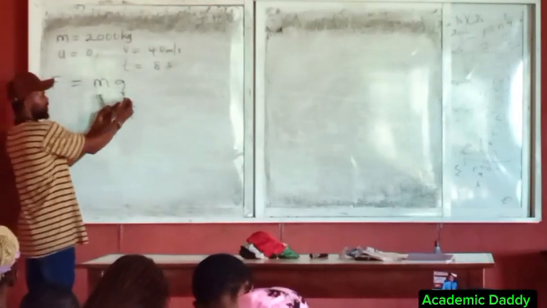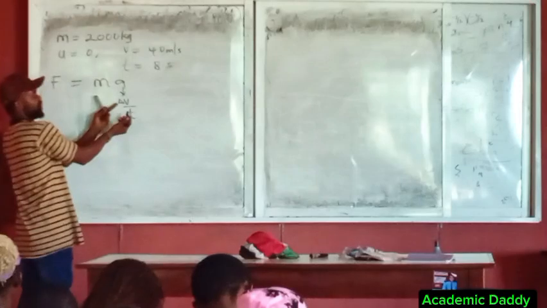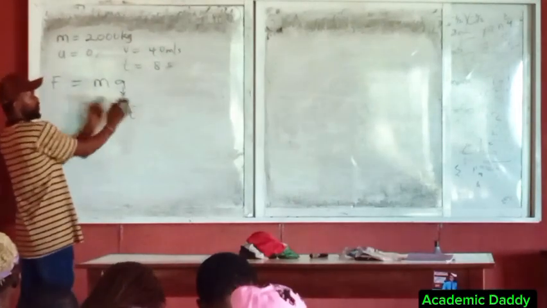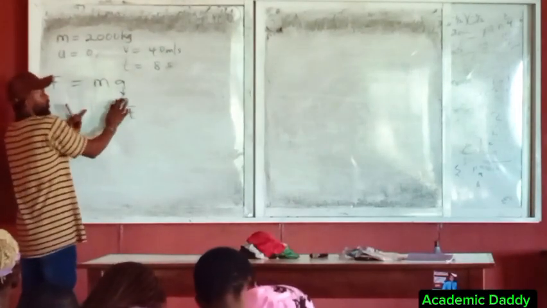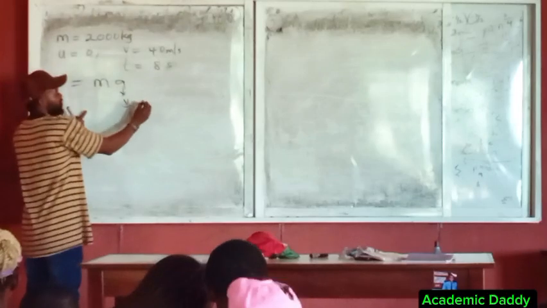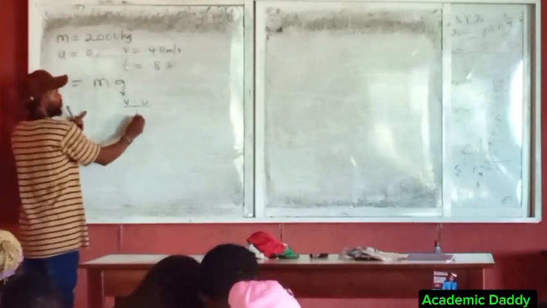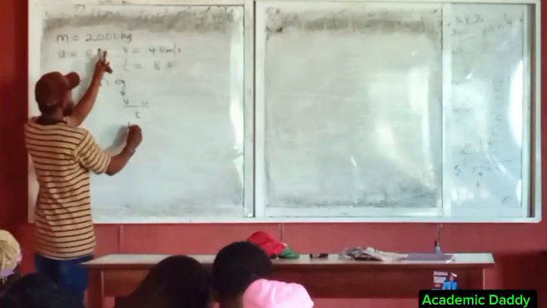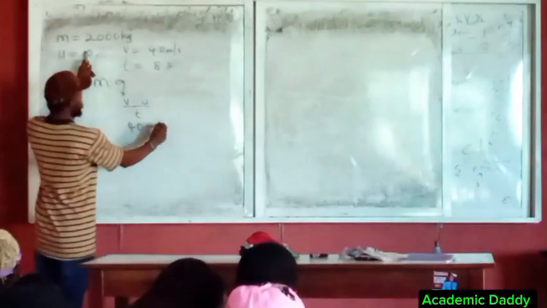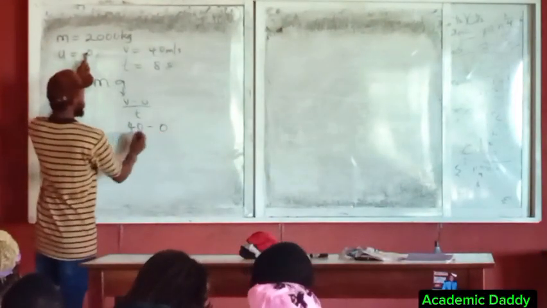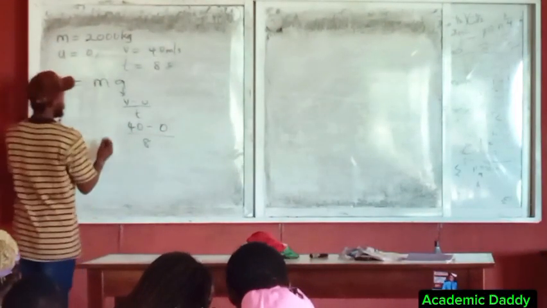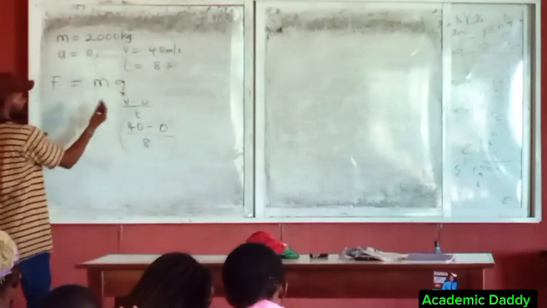And this a is the same thing as saying v over t. And you know that v over t is the same thing as saying change in velocity. So when they give us just one velocity, we know this. But if they give us more than one velocity, we now check for the initial and the final one. So this is going to be something like 40 minus 0, since we started from there, all over 8. This is my acceleration.